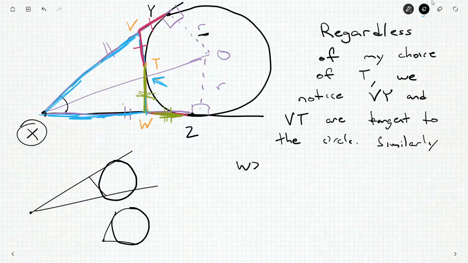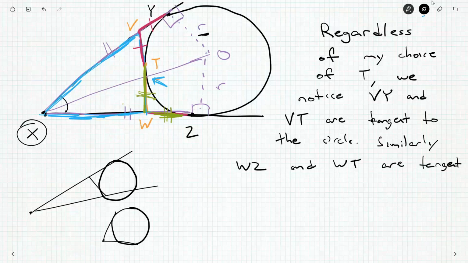Similarly, wz and wt are tangent to the circle. Alright, so that's a fine observation.